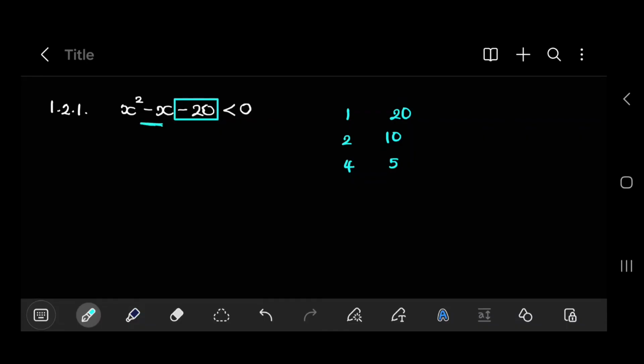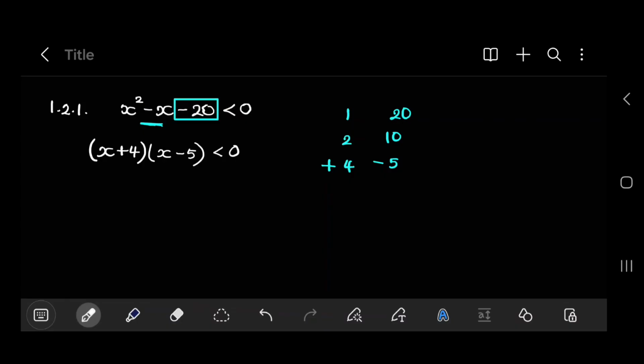So obviously the factors here that will work is 4 and 5, provided that we have positive 4 and negative 5. So positive 4 times negative 5 gives you negative 20, and 4 minus 5 gives you negative 1. So that works out. So when we factorize on the left, we have x plus 4, and in the other bracket, x minus 5.